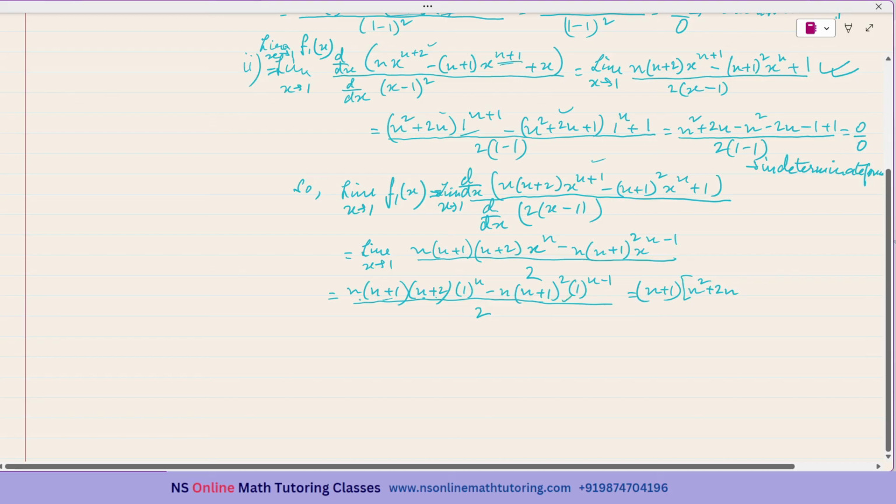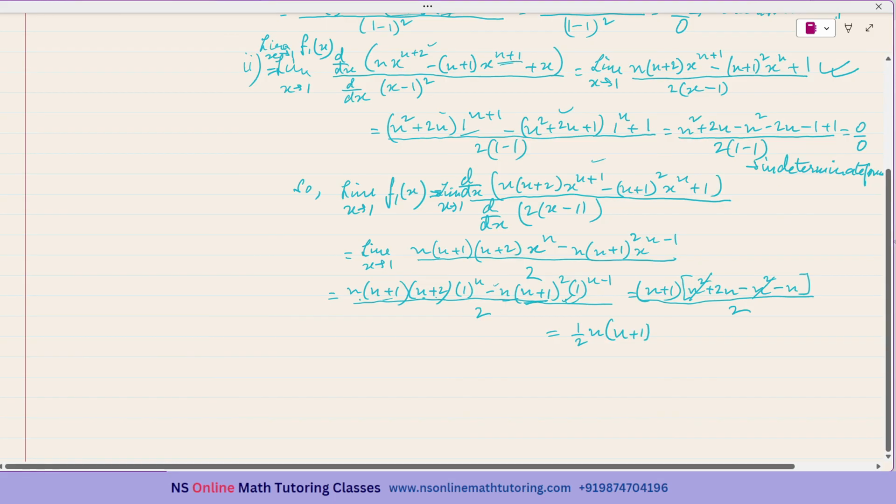And from this term, n plus 1 has been taken out, and n times n plus 1 is remaining, which is n squared plus n, and there is the minus sign outside, so it is minus n squared minus n over 2, which is equal to n square and n square, they cancel, 2n minus n is n. So this is equal to half times n plus 1.